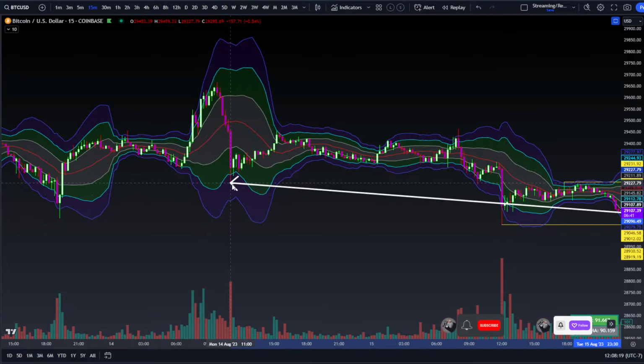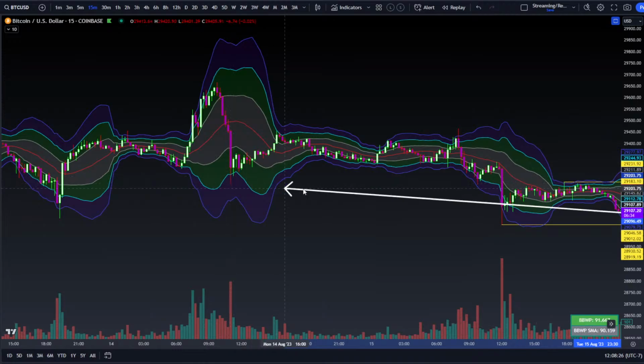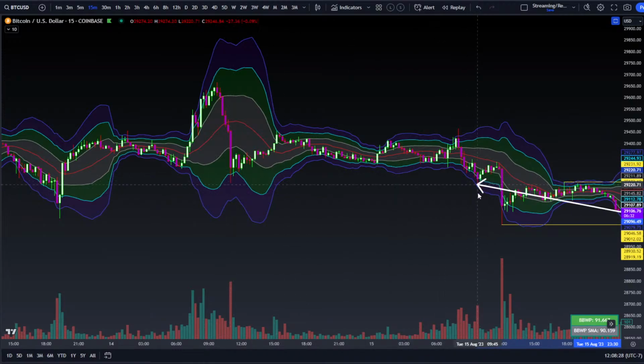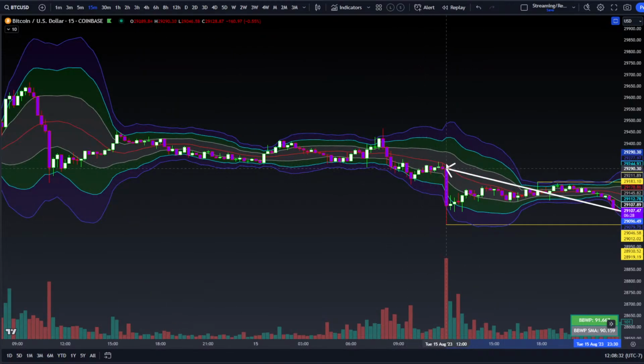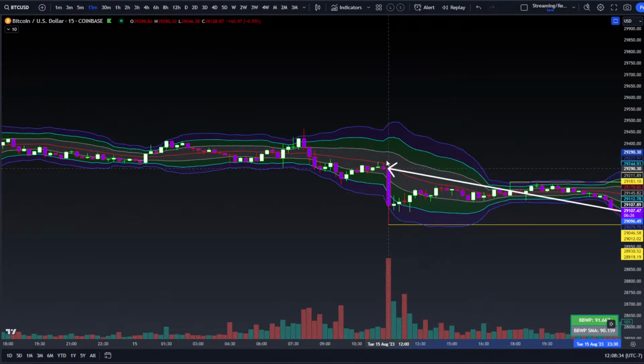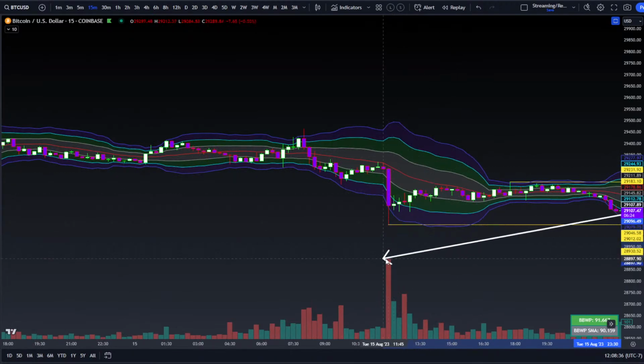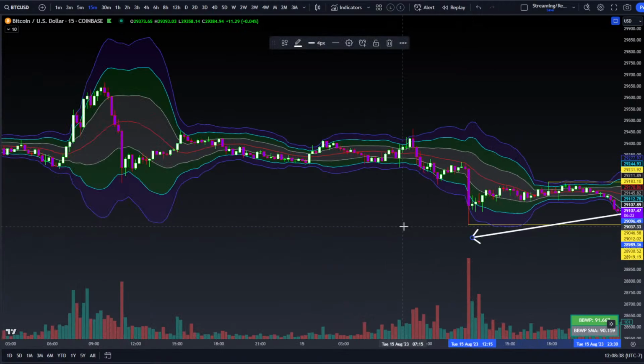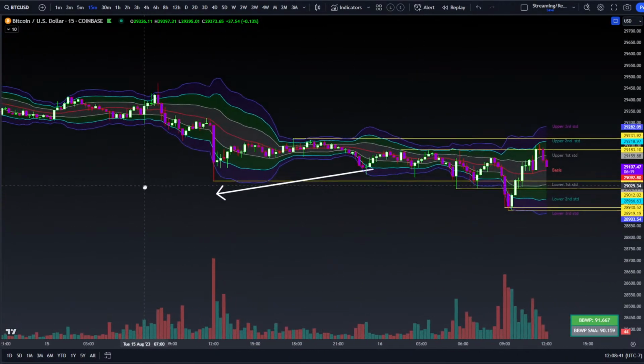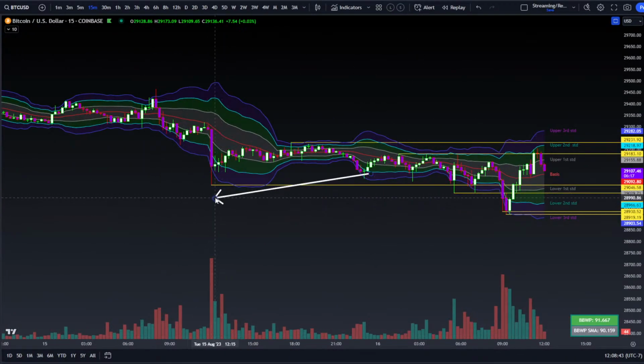So this low was at 29,227, so basically 29,230. You can see that the wick over here wicked into it but held support on a close, and then bounced, found resistance at that basis band, and then we had another bit of high volume come in. This created a nice little trading range.